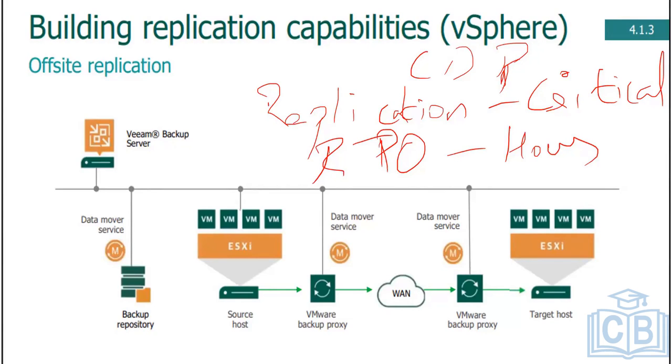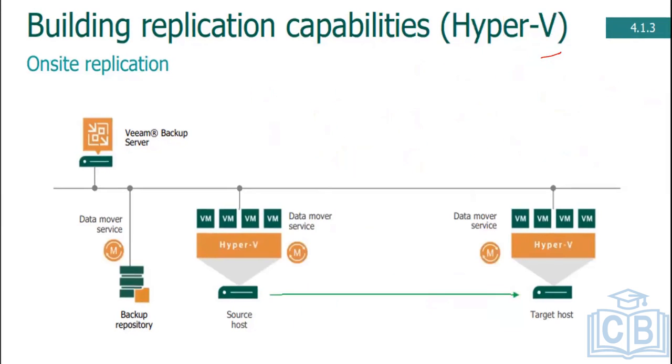But if someone asks you why to use replication, you can answer that it is used for critical virtual machines, and if the customer asks for an RPO of 2 hours, 4 hours, then we can use the replication task. You can decide when to use replication and when to use continuous data protection, which is CDP. We'll discuss that.